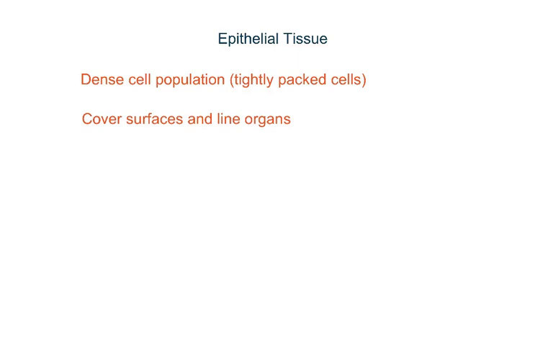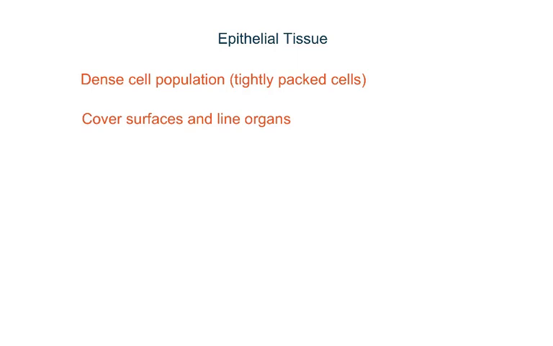So, for example, your skin, right? That's covering a surface. Your skin is all epithelial tissue. The inside of your cheek, the lining of your stomach, your esophagus, your eyeball, it's all epithelial tissue.